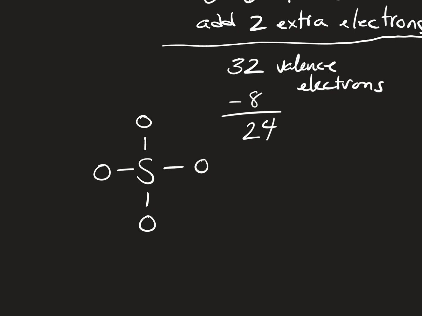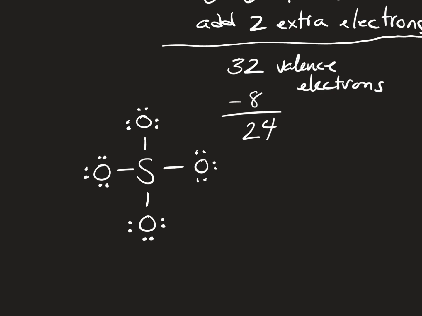So there I did it. I took those 24 electrons and distributed them around this molecule in order to get octets. Notice how I've got an octet around each oxygen now, and I have an octet around that central sulfur.